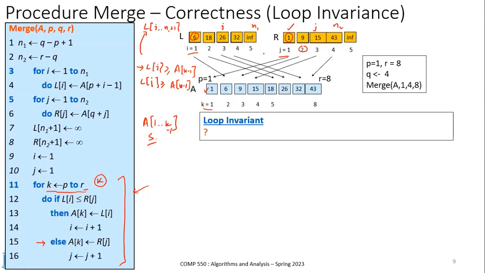Let's examine that thought. For Lj, J is now equal to 2. We've just copied R1 over here, and what Jane is saying is that everything from this point onwards has not been placed into array A, which means that everything before that has been placed.